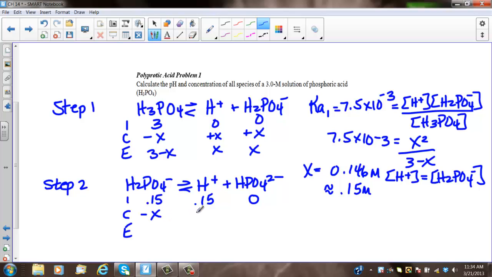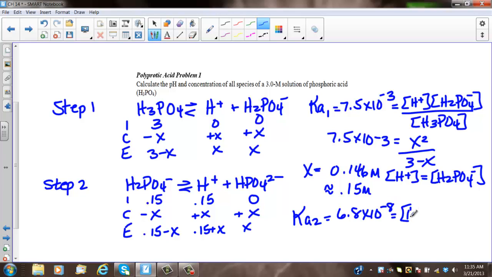So as the reaction proceeds, minus X, plus X, plus X. So this is going to be 0.15 minus X, 0.15 plus X, and X. Our Ka2 is equal to 6.8 times 10 to the negative 8, which is equal to the concentration of H plus times the concentration of HPO4 2 minus over the concentration of H2PO4 minus.